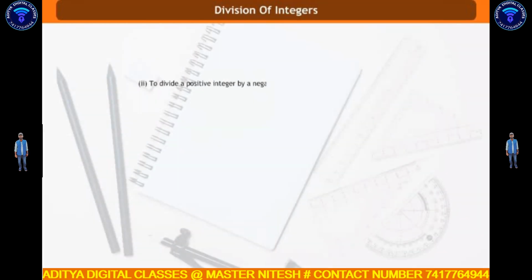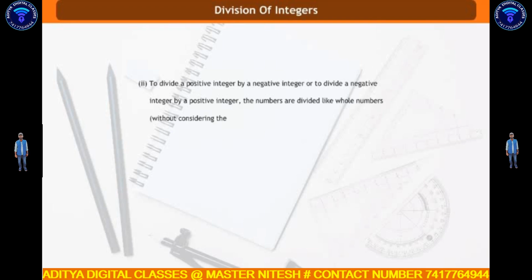To divide a positive integer by a negative integer or to divide a negative integer by a positive integer, the numbers are divided like whole numbers, without considering the positive or negative signs, and the quotient carries a negative sign.